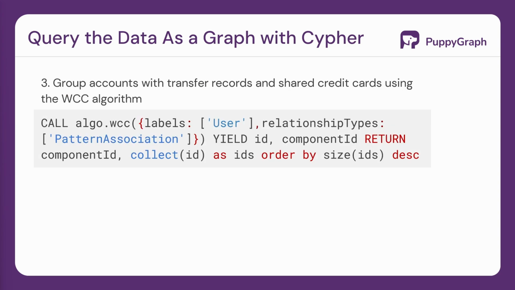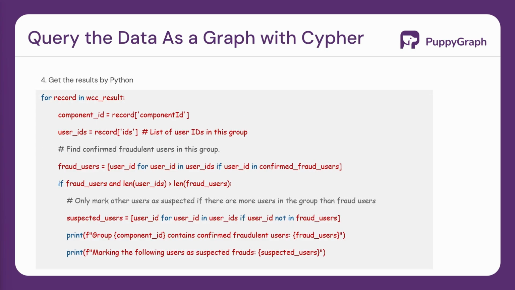Later, we can run an algorithm like WCC, weakly connected components, and then different users will be grouped together. Then we can use the Python client to consume the result, like who is the fraudster.